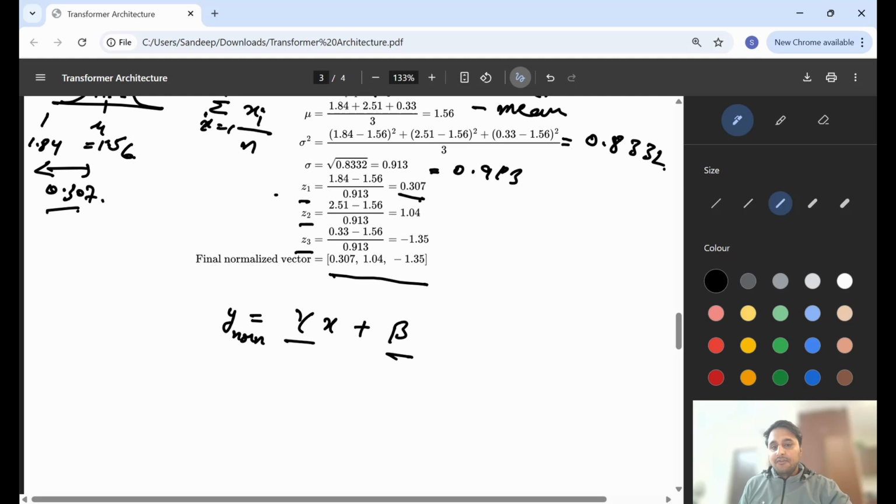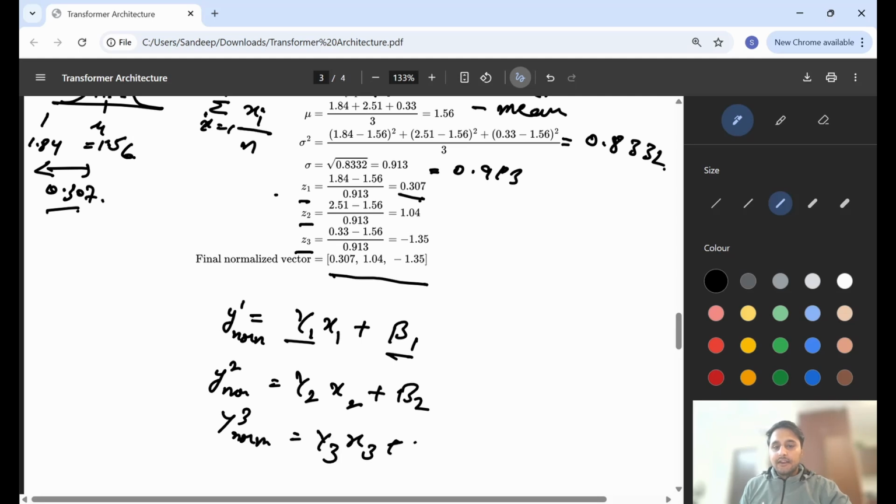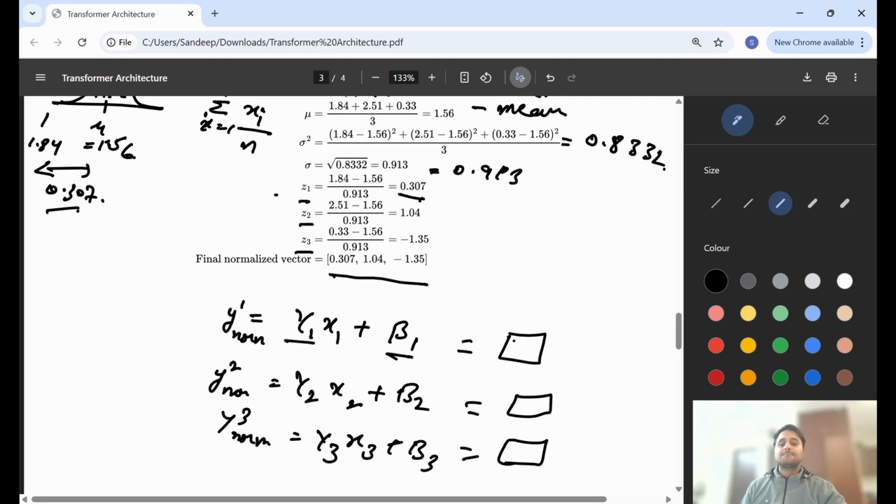We do this three times: gamma 1, beta 1, and y1; y2 equals gamma 2 x2 plus beta 2; and gamma 3 x3 plus beta 3. These values are our final output of the layer normalization layer.